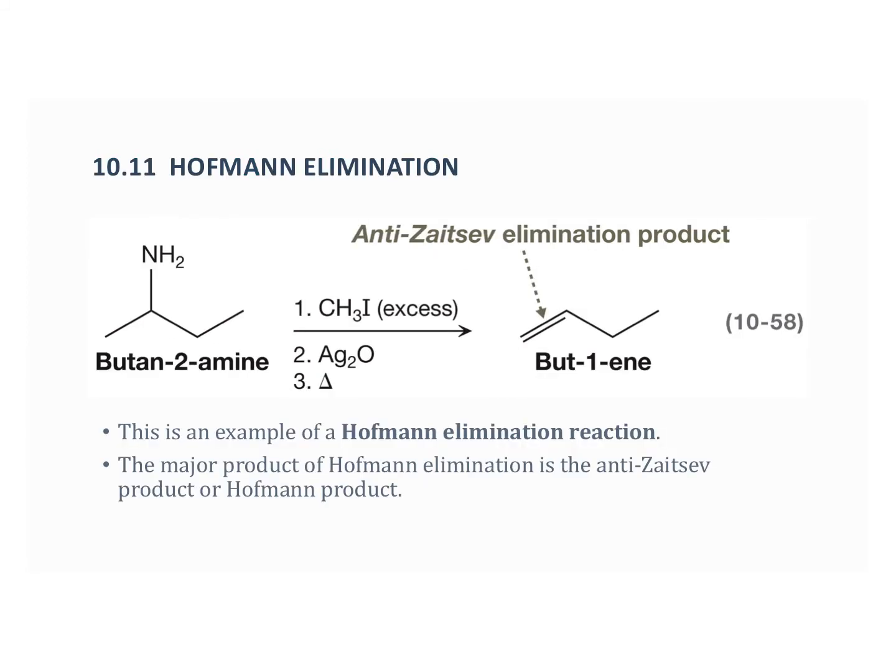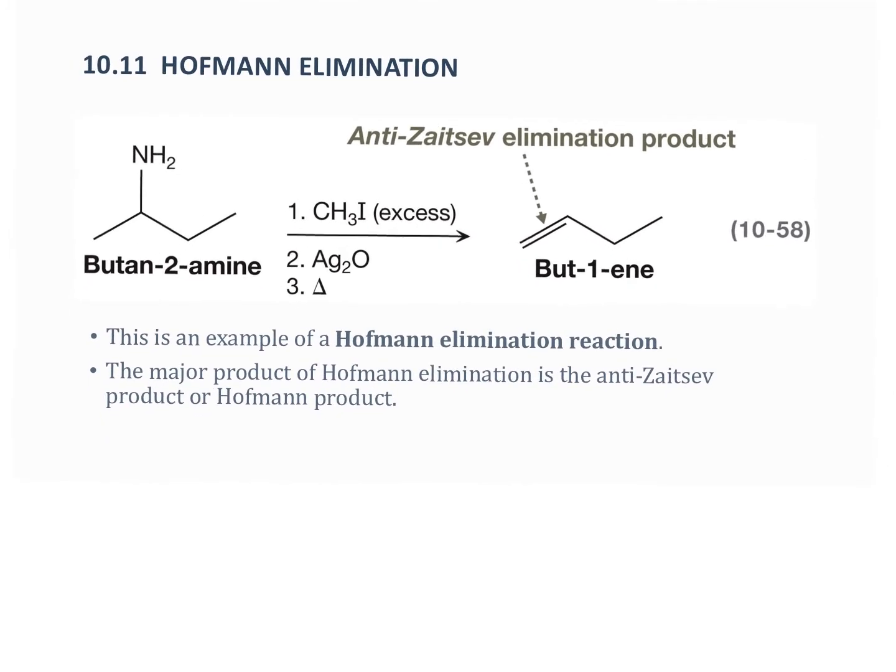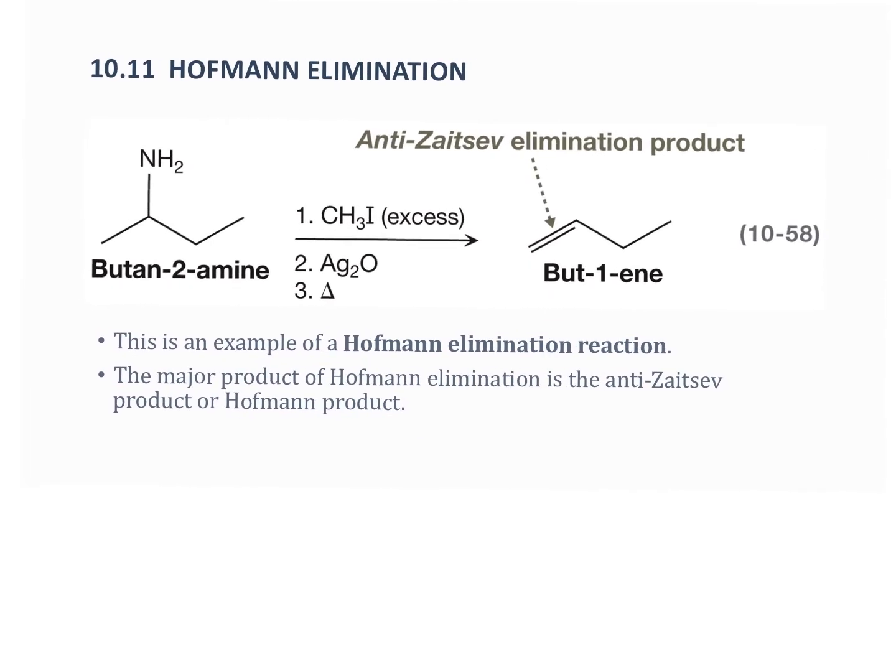So we're going to look at this reaction here. What you see is that but-1-ene is produced when butan-2-amine is treated with excess iodomethane, which is CH3I, and then treated with silver oxide and then heated.